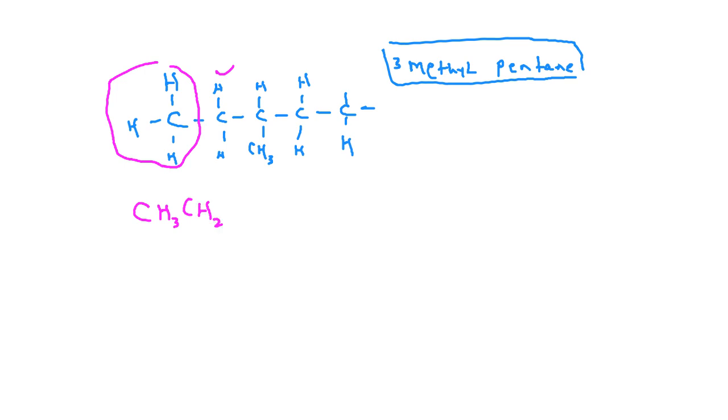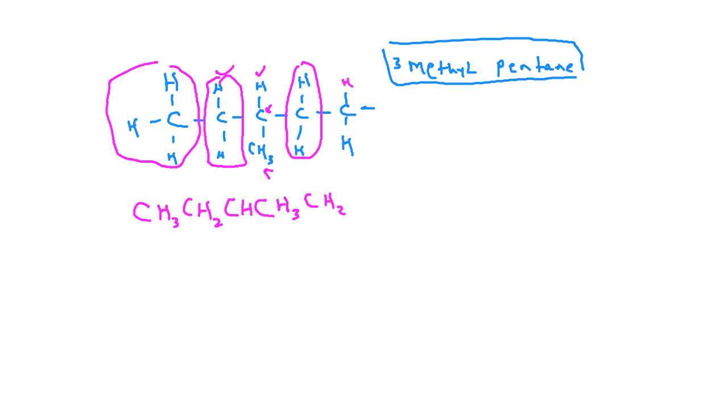Now I have a C, an H, and a CH3. Then we have the CH2. And then we have, oops, sorry, I forgot my H's. Then we have a CH3.